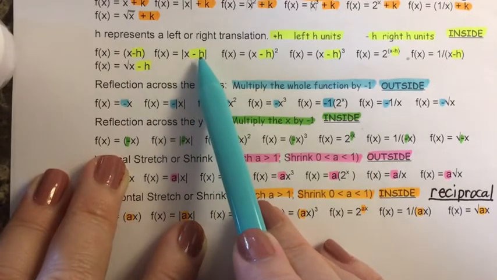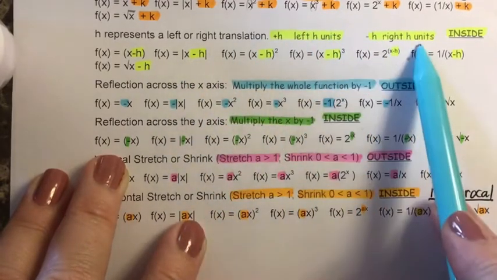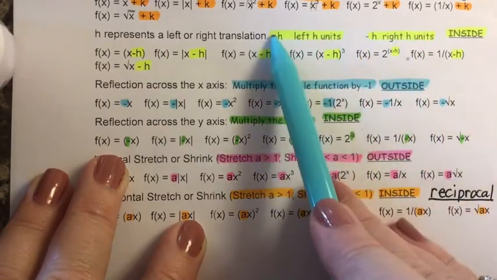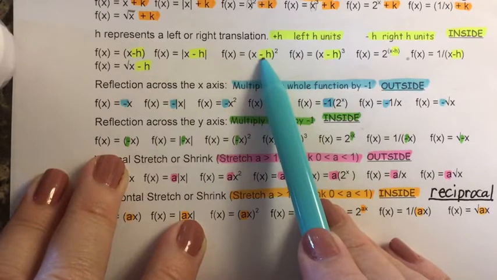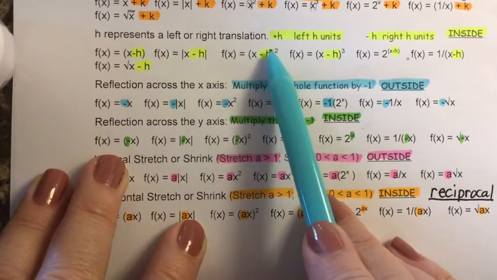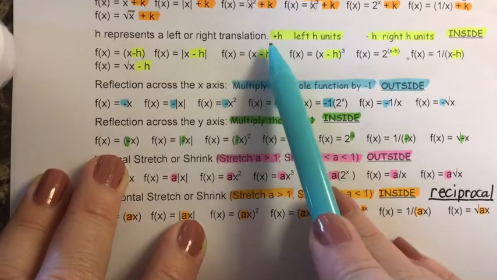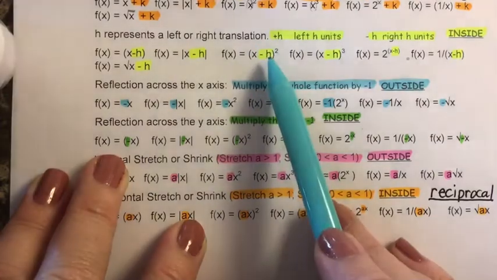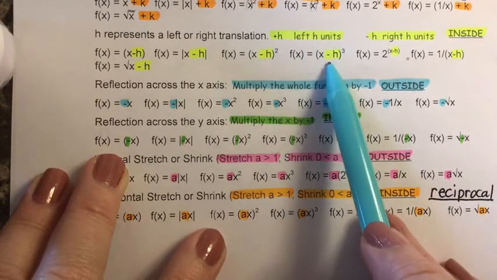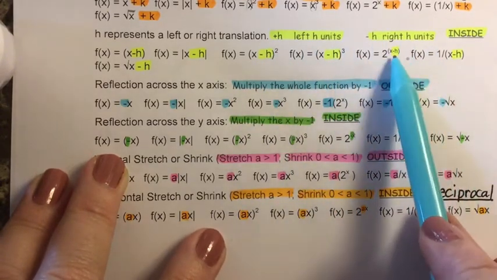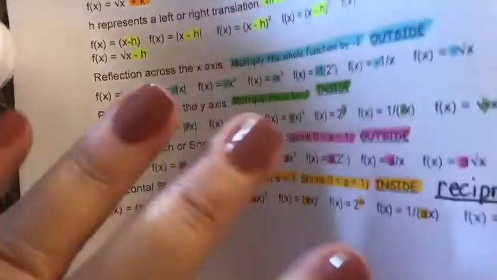It has a minus h with it. If it's a minus h, it's right h units. If it's a plus h, it's left h units. Same thing here. X is no longer alone with the square term inside. In parentheses with it, you have a subtract h. So that's right h units. Same thing here. Hopefully you see that pattern. Same thing here. Look at the denominator of this rational function.